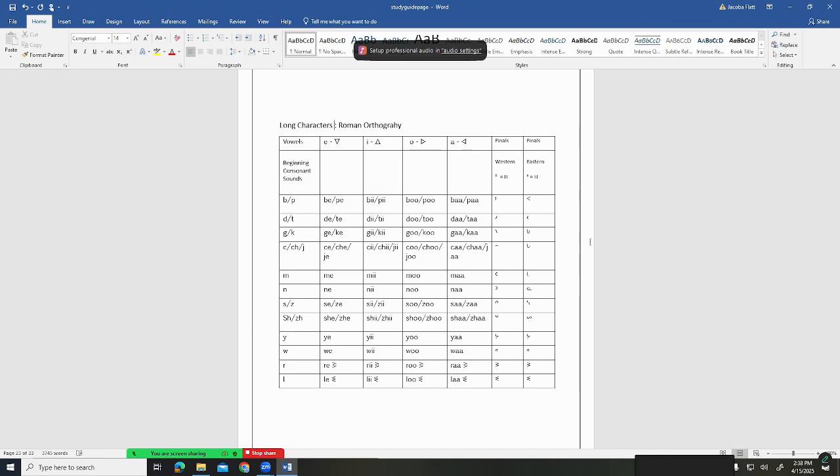So the writing system, again, is the basic characters and combined chart of two types of writing. There are two types of writing system. The writing characters are Roman orthography and syllabics.